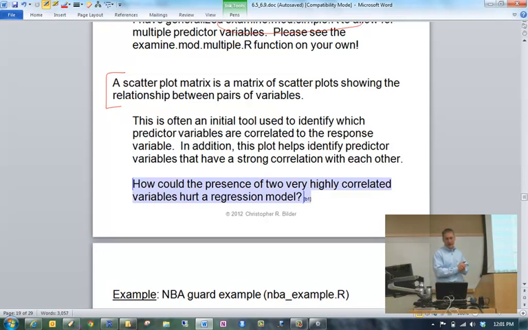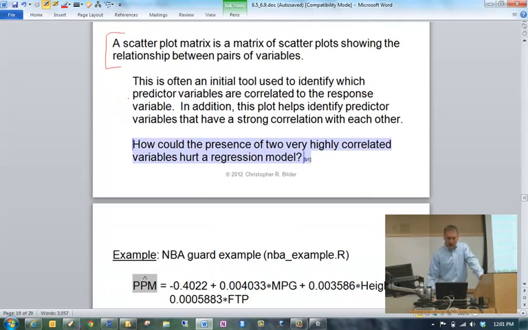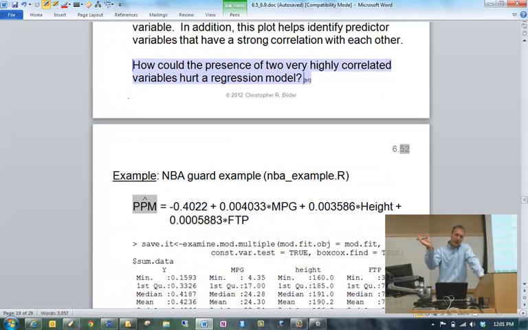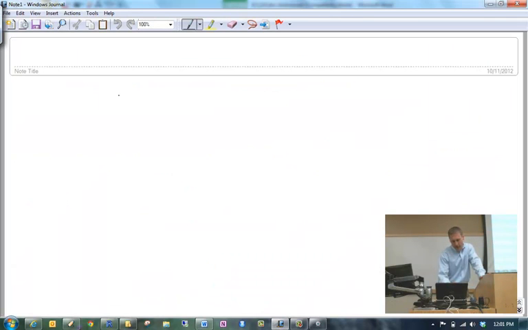Okay. Now, also, it's helpful in these situations where we have more than one predictor variable to do what's called a matrix of scatter plots, often called a scatter plot matrix, and to examine the relationships between the predictor variables and the response and the relationships between the predictor variables themselves. So simply put, let me bring up a window here, Windows Journal. This is what a scatter plot matrix looks like if you haven't seen one of them before. Let's say that we have a simple situation where we have y, x1, and x2.